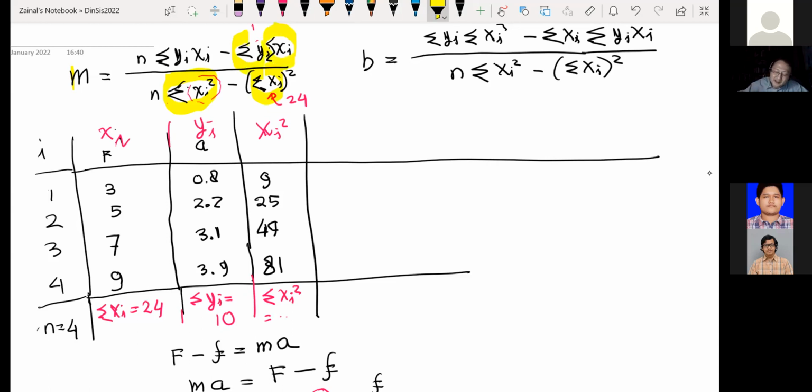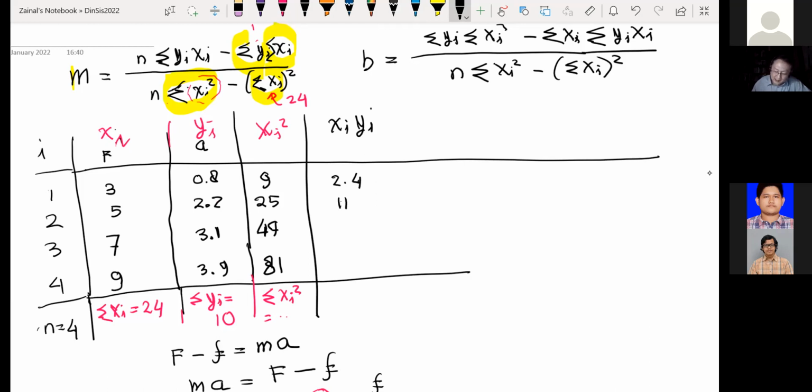Sigma yi is finished. Now we have to calculate sigma xi yi. So calculate xi yi. This one multiplied by this one is 2.4. 5 multiplied by this one is 11.